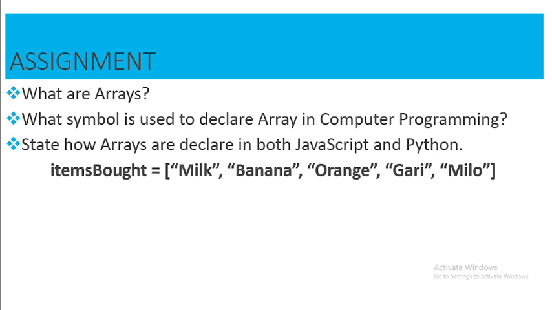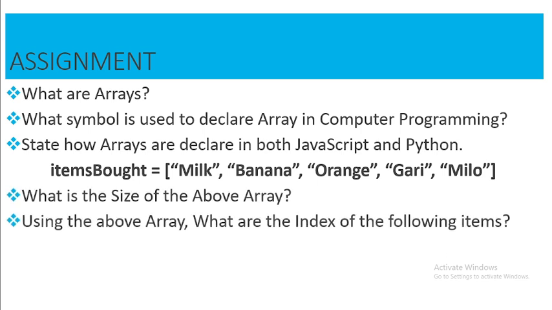Given the array items bought: milk, banana, orange, gari, milo, what is the size of the above array? Then using the above array, what are the indexes of the following items? Banana, gari.